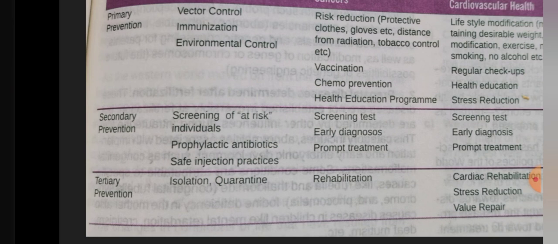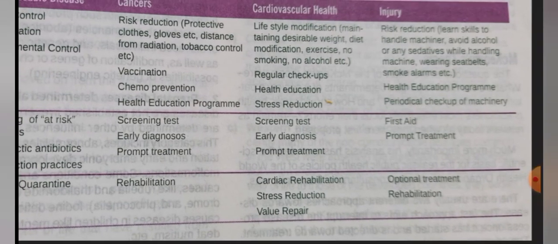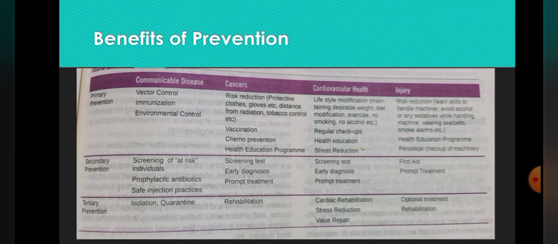Screening, taking a test and early diagnosis can stop that disease, and first aid is best for prompt treatment. Tertiary care includes isolation or quarantine, then rehabilitation in cancers and CVS, cardiac rehabilitation, stress reduction, or occupational rehabilitation for some other injuries.